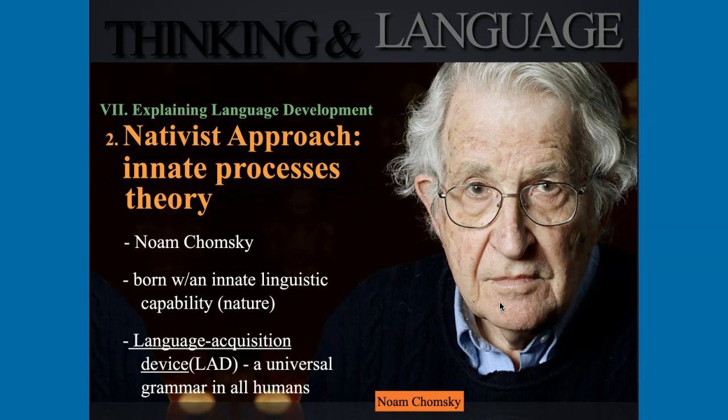And Chomsky argued that humans are born essentially with this innate linguistic capability that emerges primarily as a function of what's known as maturation. Okay, we'll look at maturation even more when we get into the developmental psychology unit. And so according to his nativist approach to language, all the world's languages share the same exact underlying structure called universal grammar.